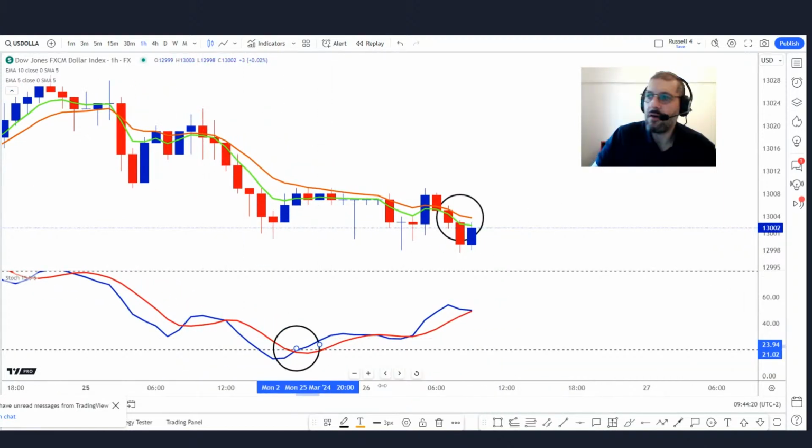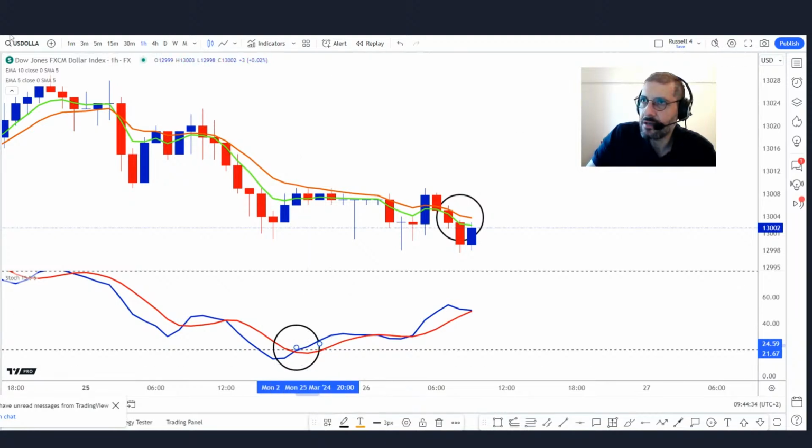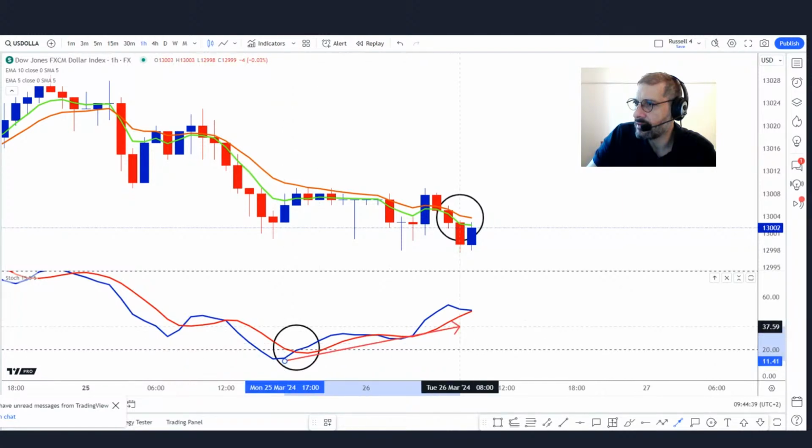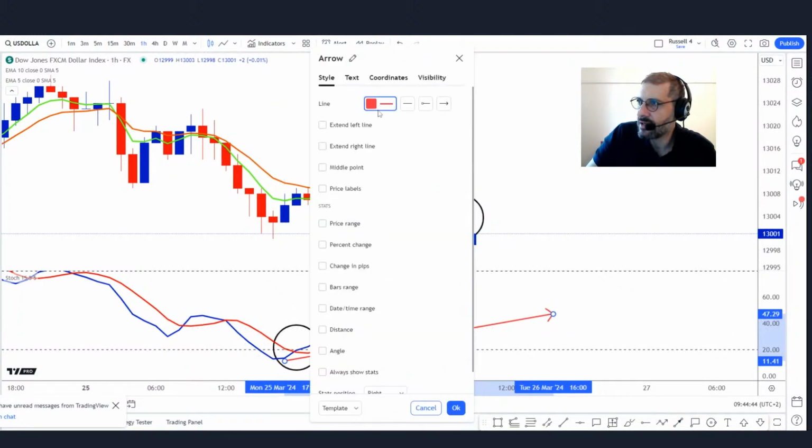What we do have now is, of course, the fact that the stochastic has triggered. So the stochastic is moving upwards, and there is a positive divergence here. Let me show you what I'm talking about. You've got a stochastic that's moving up. I'm just going to make this red.